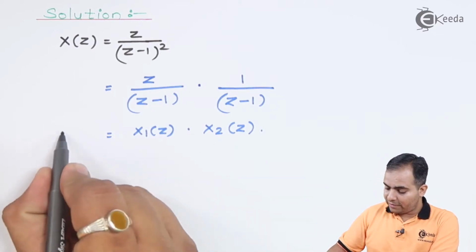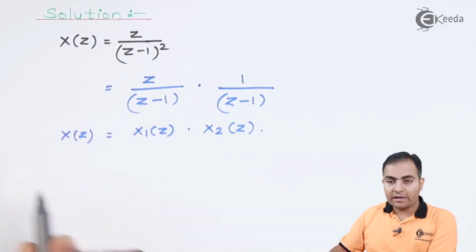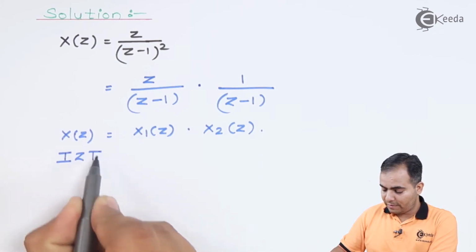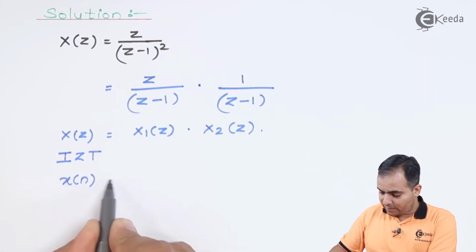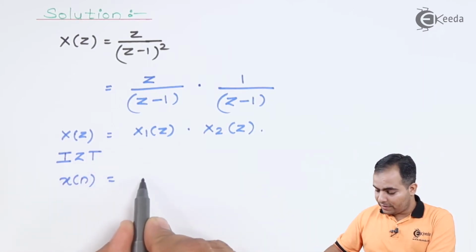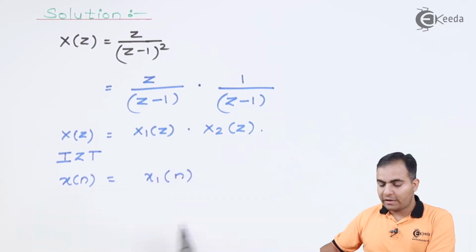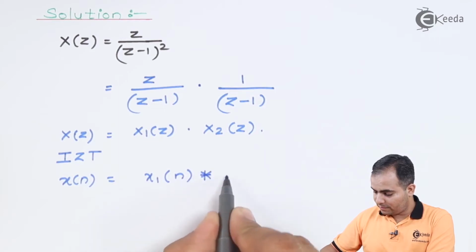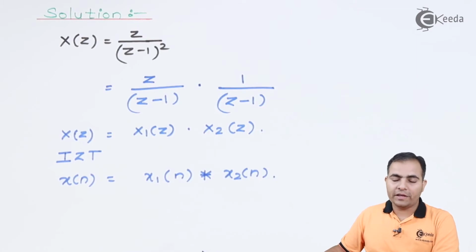So if we apply the inverse Z transform on this, then I can say that X of z can be represented by x of n, X1 of z can be written as x1 of n, and this is nothing but my x2 of n.